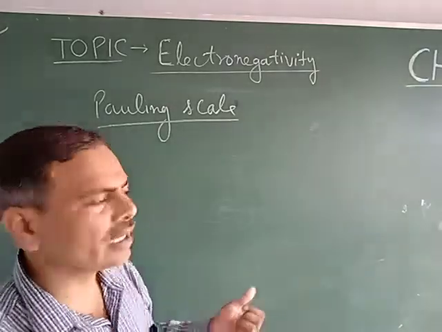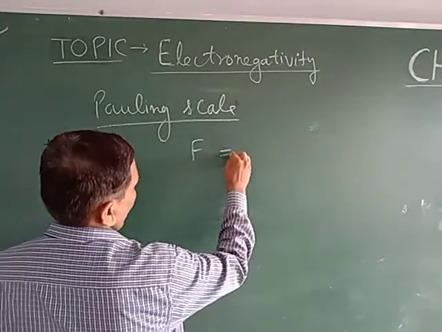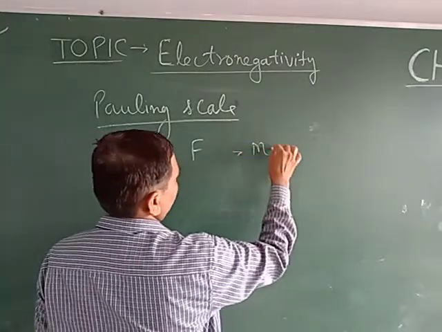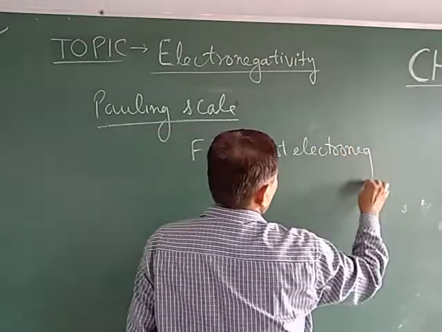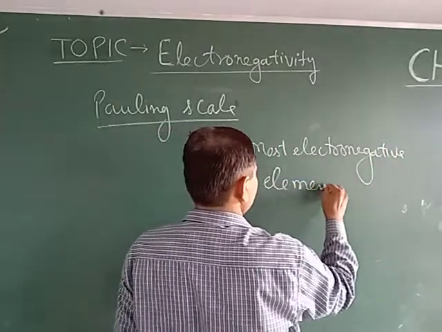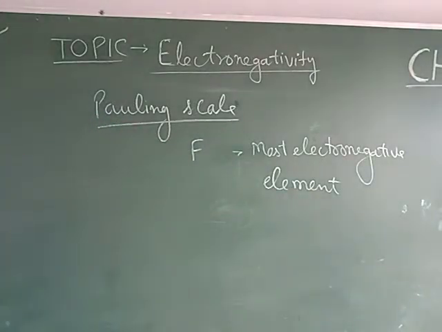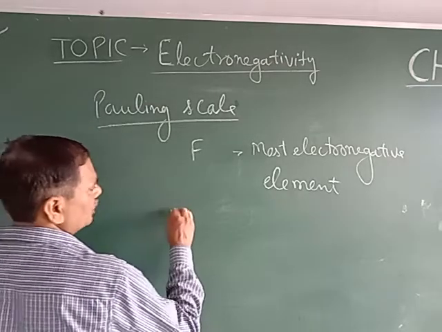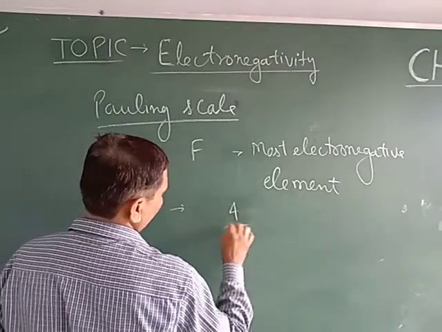According to the Pauling scale, fluorine is the most electronegative element, and its electronegativity in the Pauling scale is 4.